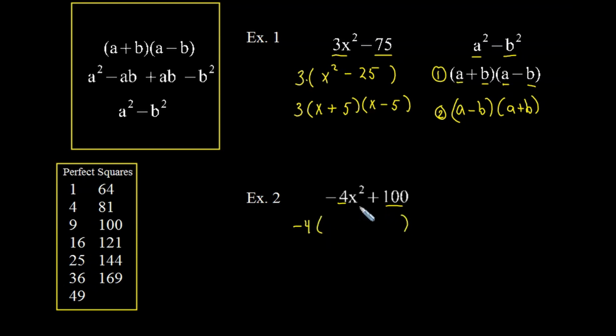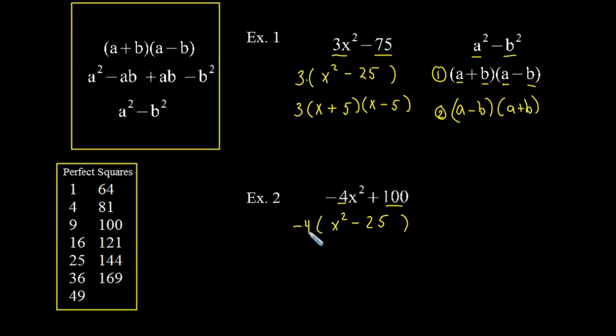We could have solved the problem without doing the 4 and left that inside, but it's okay to go ahead. I think it simplifies the problem a great deal by going ahead and factoring that 4 out and dividing it out. Because 4 is a perfect square, it would still have resulted as a difference of squares problem inside had it been 4x squared minus 100. So we have the negative 4 out.